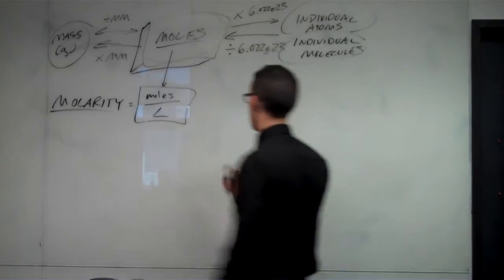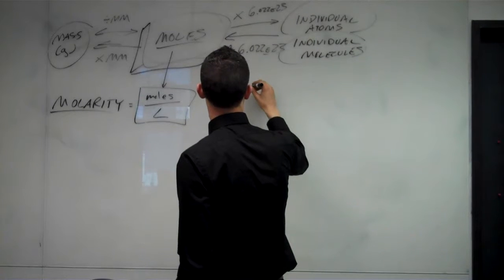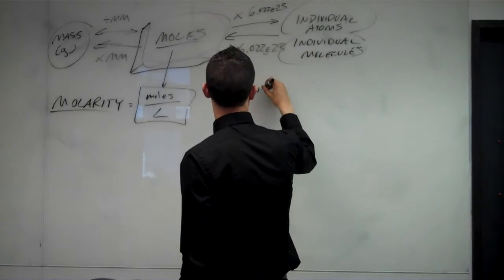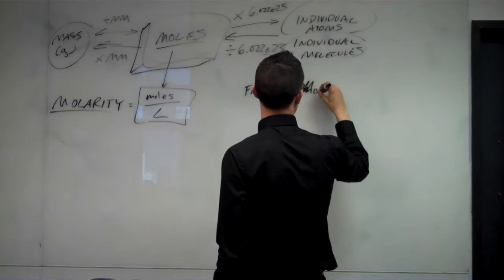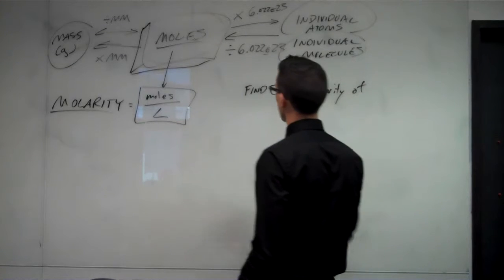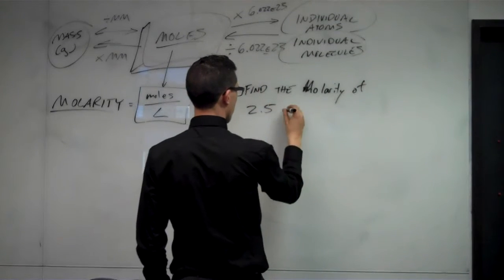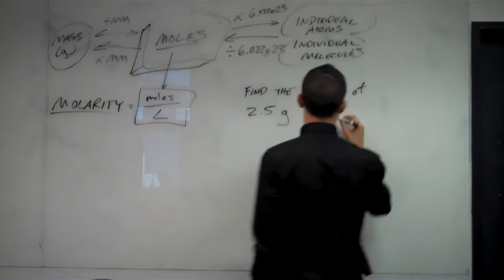You can do that. So here's an example. Find the molarity, big M, of 2.5 grams of, let's say, carbon.